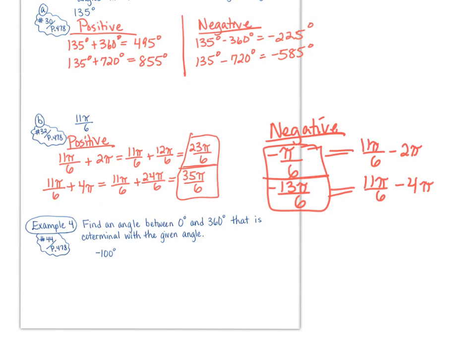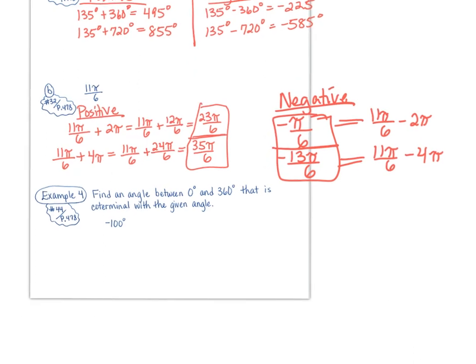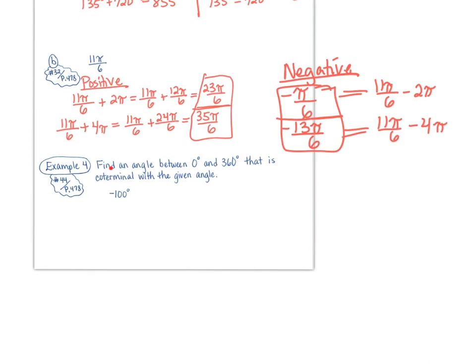All right, so let's go over another example. We want to find an angle between 0 degrees and 360 degrees that is coterminal with the given angle. So, what would it be? 260. How'd you get it? Just add the 360. Very good. 260 degrees.